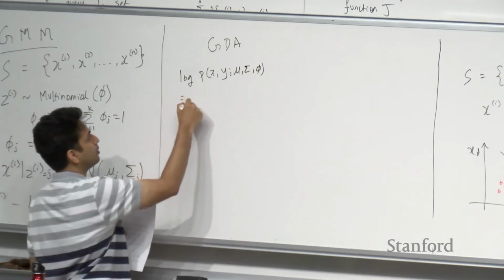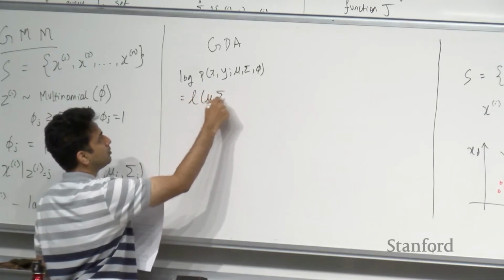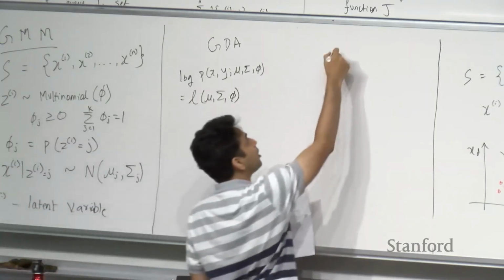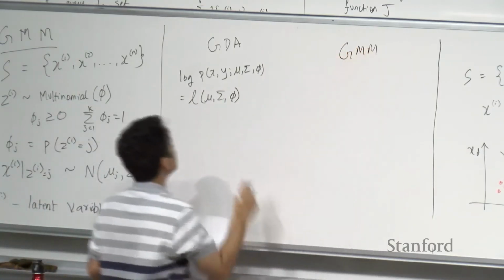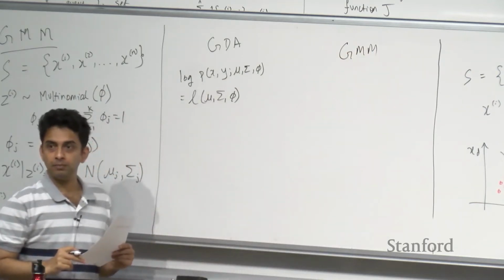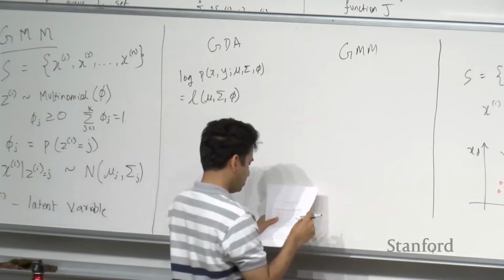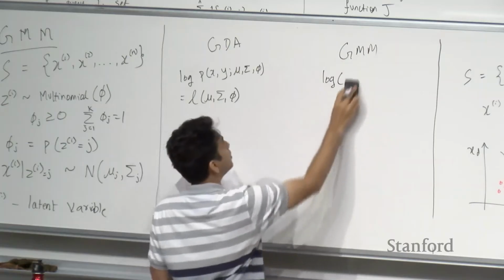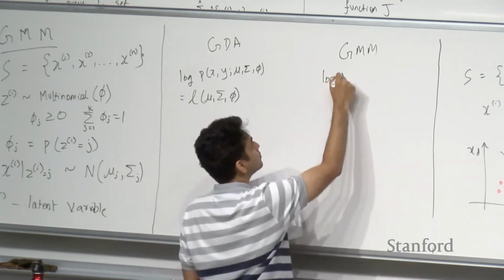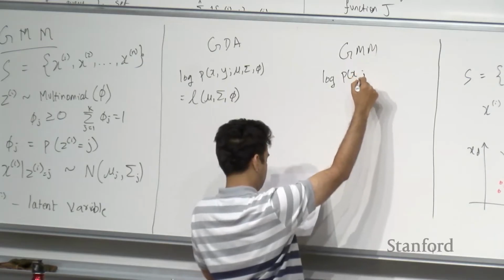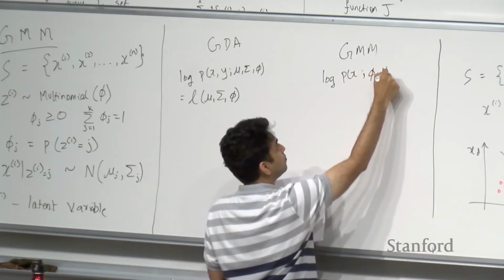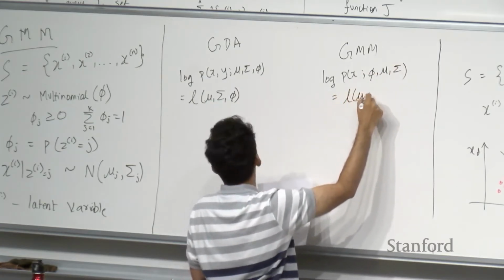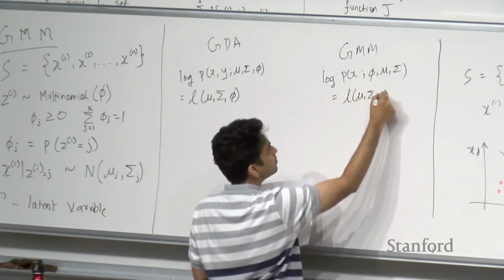So this was the log likelihood objective in GDA. Whereas in the Gaussian mixture model, we do not observe y. Right? And so in the Gaussian mixture model, our objective will be to maximize log p of x given phi, mu, sigma, and this will be our likelihood function. Right? That's the only difference.